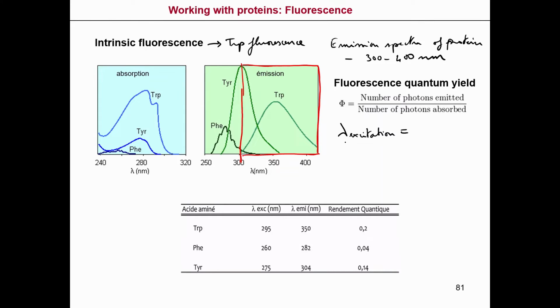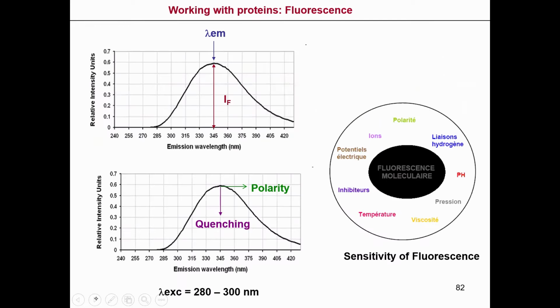So the excitation wavelength to have an emission spectra of a protein is always 280 nanometer, and it corresponds to the absorption of the aromatic residues. It's a very sensitive technique, and we can have information about the nature of the environment of the protein and especially of the tryptophan.